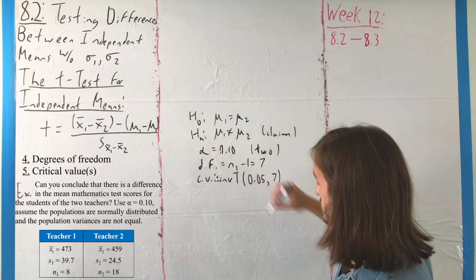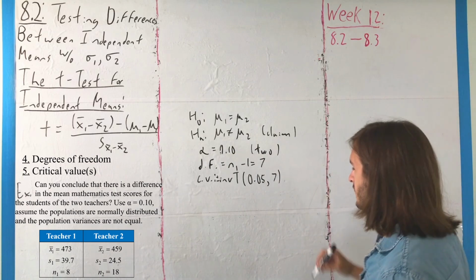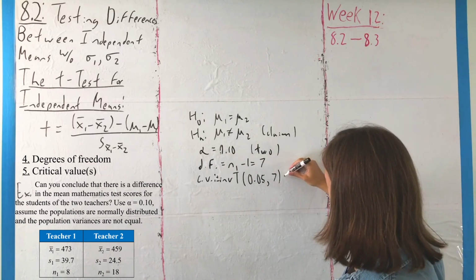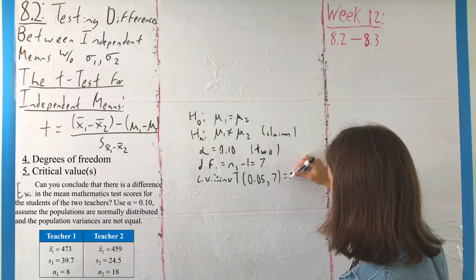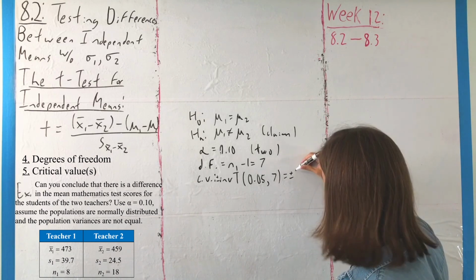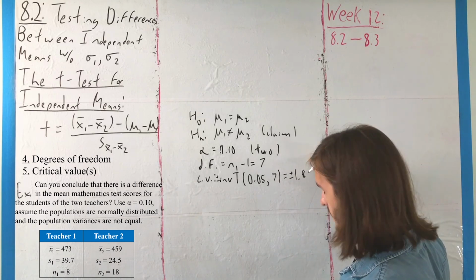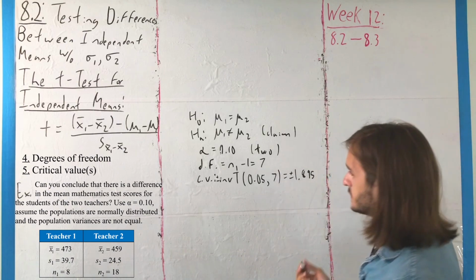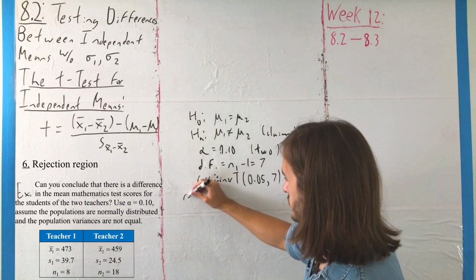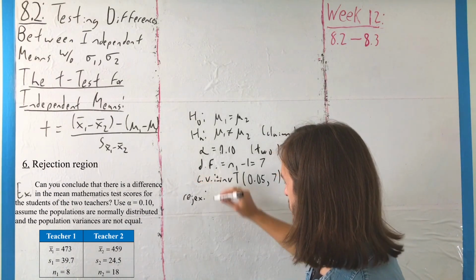Be sure to do plus or minus inverse t. Anyway, that will give us critical values of positive or negative 1.895.